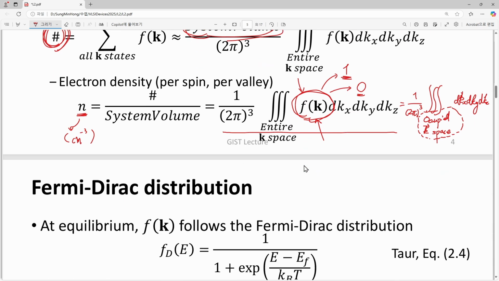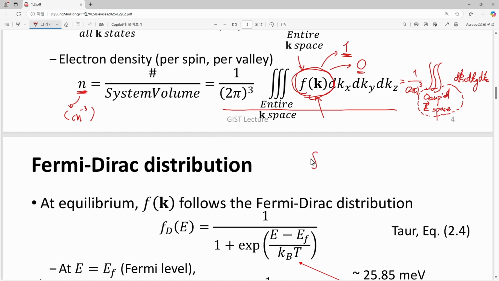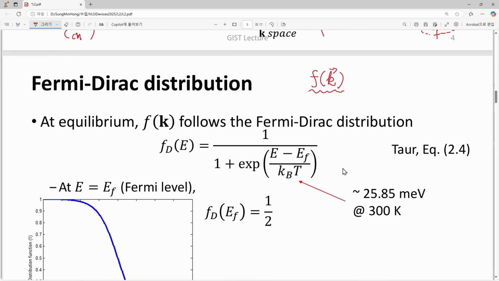So actually, calculation of this distribution function is quite important, and in general, it is not that easy to calculate this distribution function. But fortunately, if we consider the equilibrium condition, then it is known that this distribution function simply follows the Fermi-Dirac distribution.